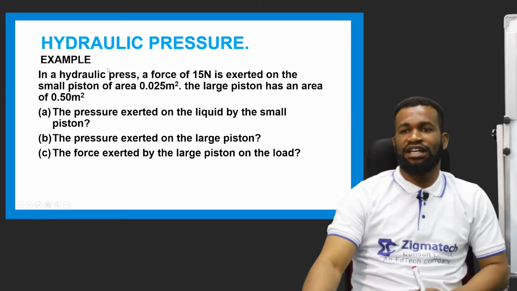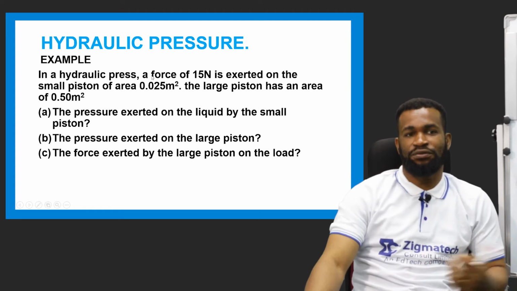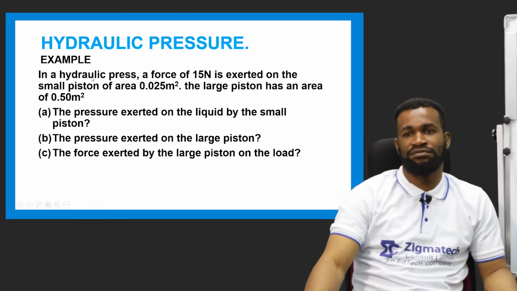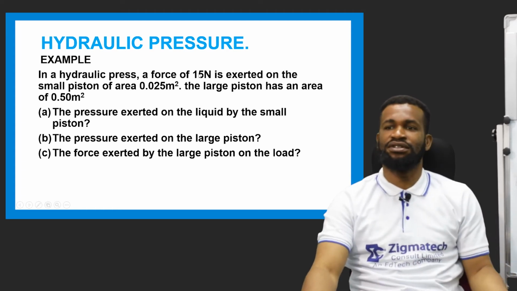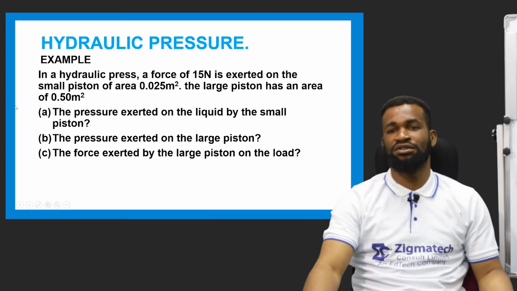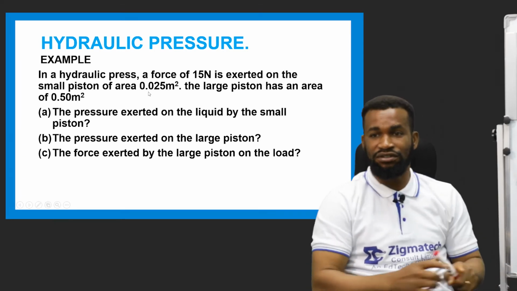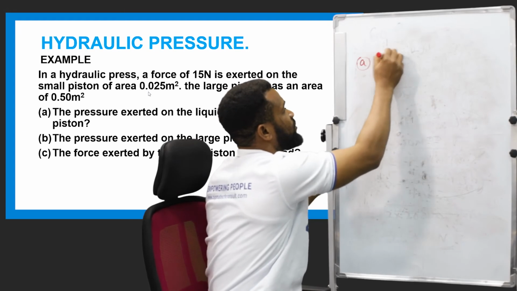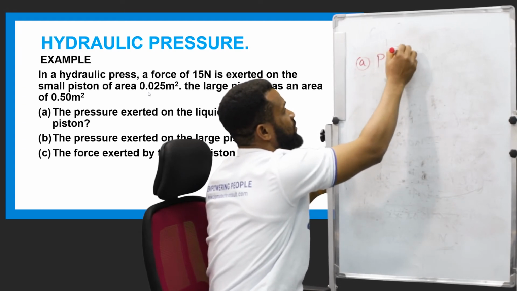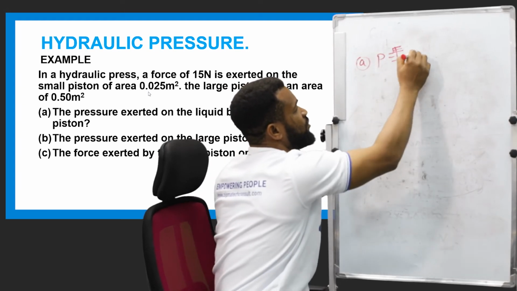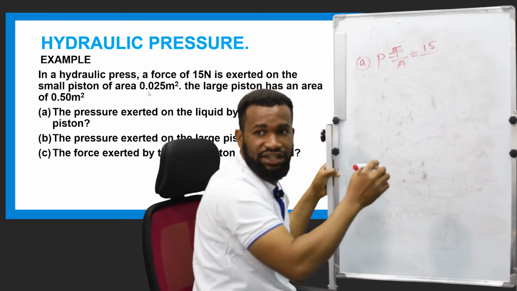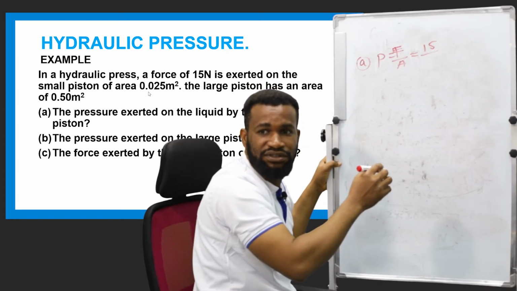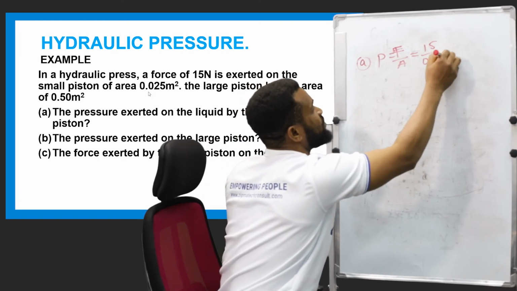Okay, if you look at the small piston, it is a surface area where we have a force of 15 Newton. So the pressure for part A is going to be, pressure is force over unit area. So the force there is 15 and the unit area is 0.025.